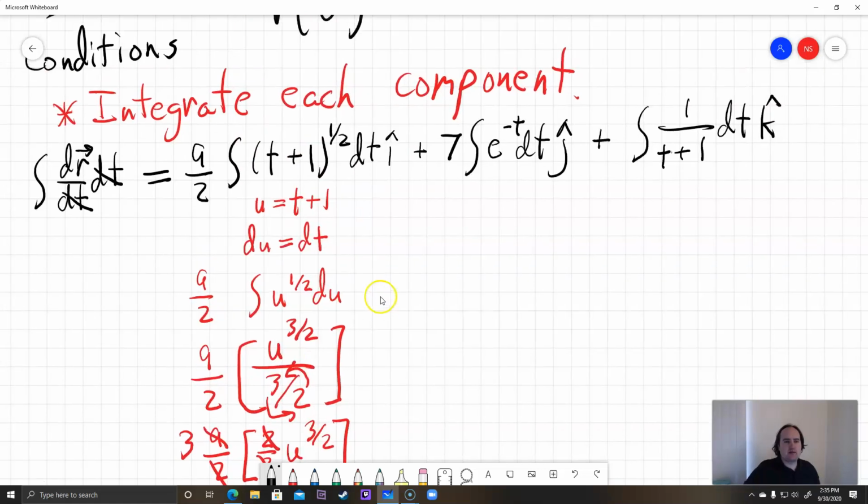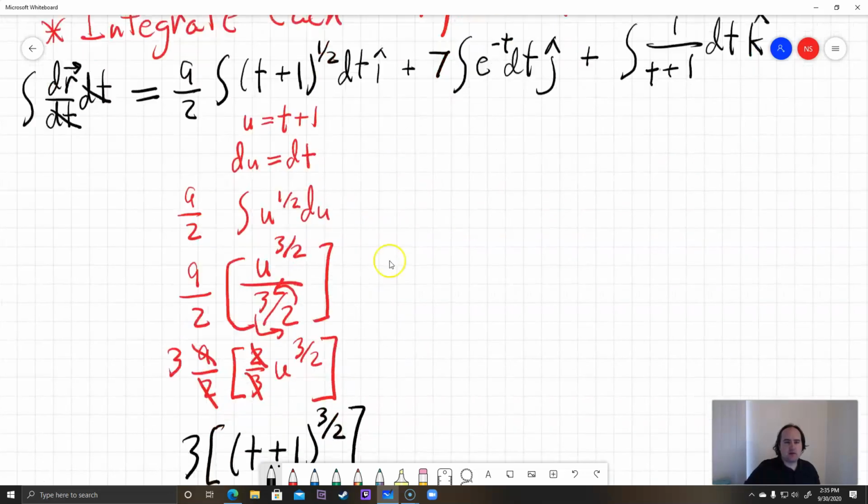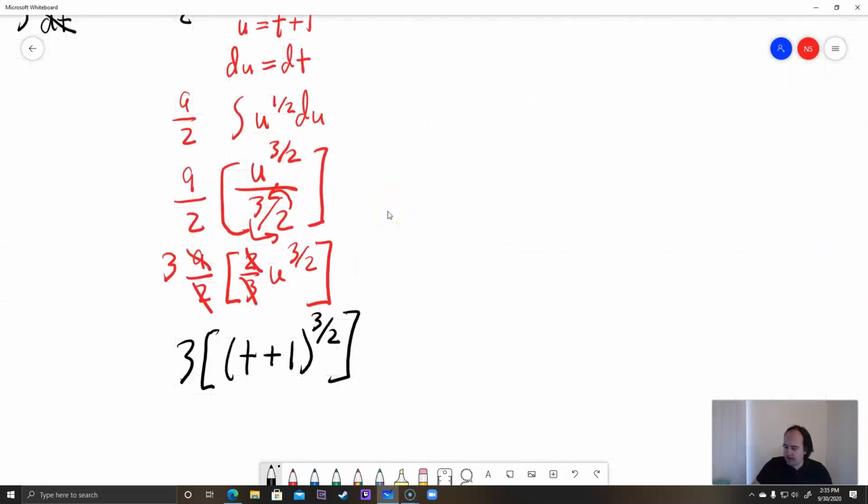and this is times our first component, which is i. And I forgot something. I forgot to write plus c. Because this is an indefinite integral, we have to write plus c here. And we're going to call it plus c1, because each component is going to have a different constant of integration.